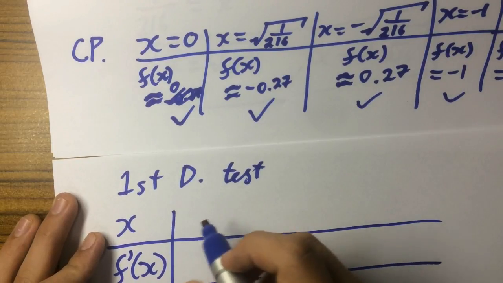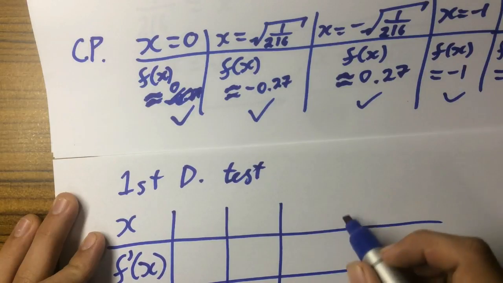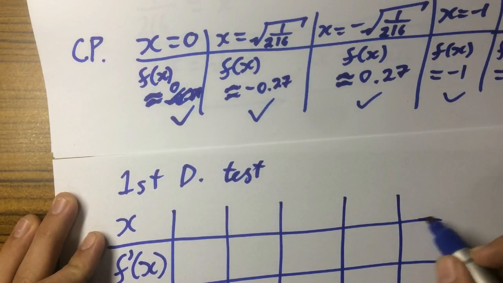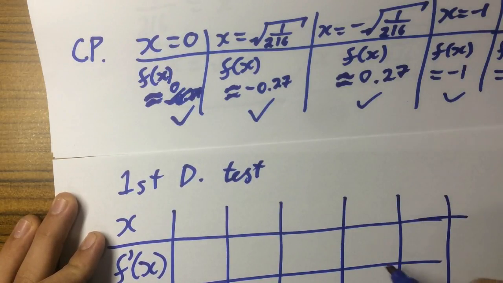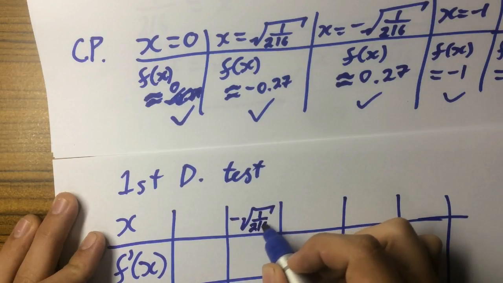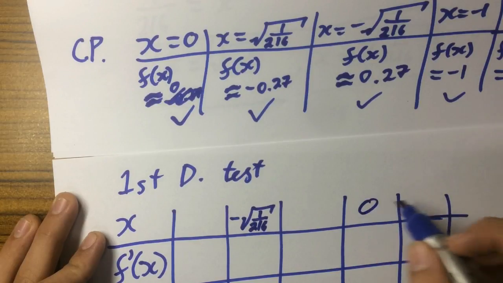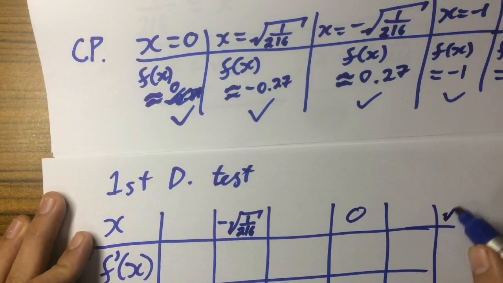I'm not going to draw a shape or anything there, but we're going to have a gap between each of our critical points except the domain ones. So here we have negative root 1 on 216. We leave a gap. Here we have 0. Here we have a gap again, and then we have positive square root of 1 on 216.